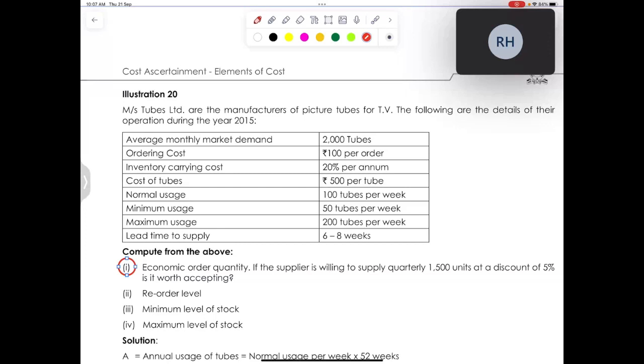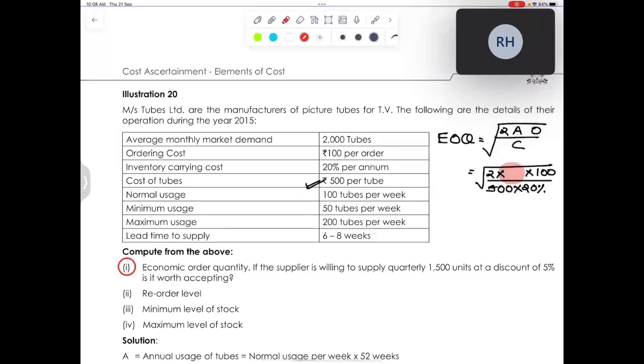The most important point of this particular question is computation of annual requirement of raw material. Now, where does a student generally make mistakes?